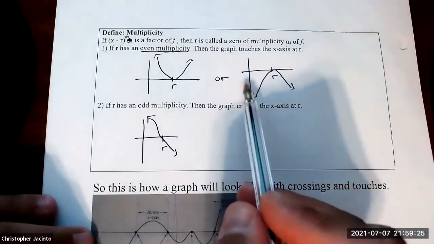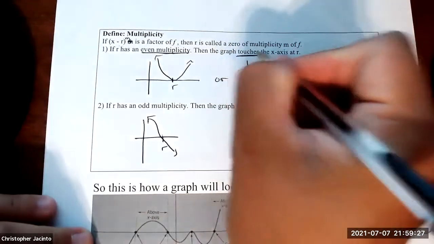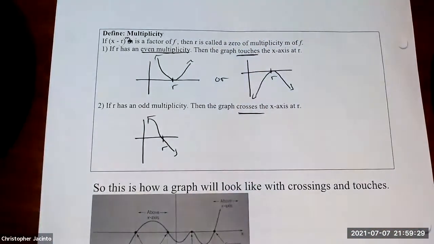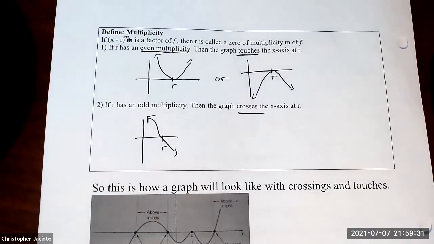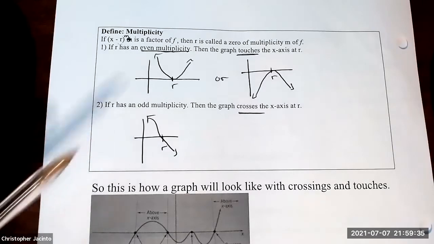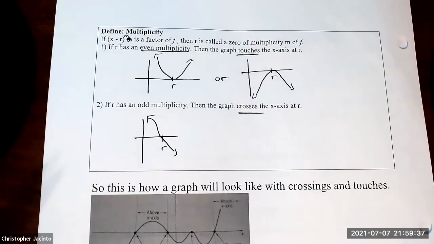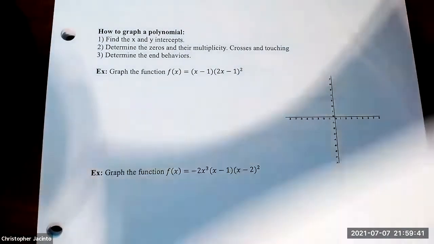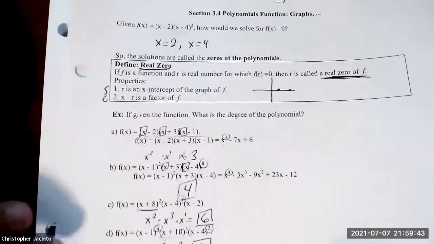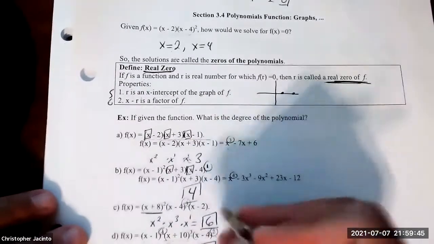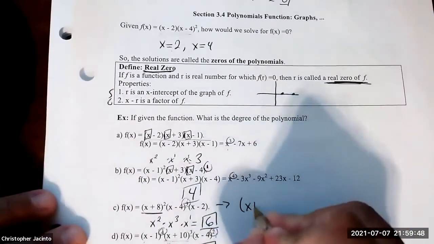Hence what it means by it crosses the x-axis. So now we have touchings and crossings, depending on the multiplicity, whether it's even or odd. And that's the major thing of this first rule here. So if I go back over here, I can now state which ones are crossings and which are touchings. For example, here, I'll rewrite it for you guys.